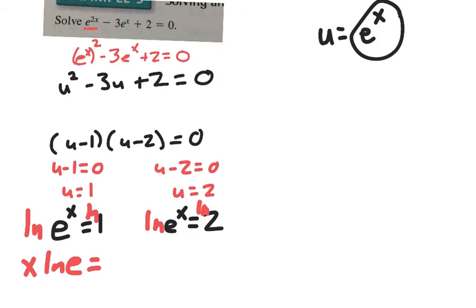Oh, hold on, I made a mistake. I knew something was not working out right. There we go. X times the natural log of e equals the natural log of 1. And x times the natural log of e equals the natural log of 2.